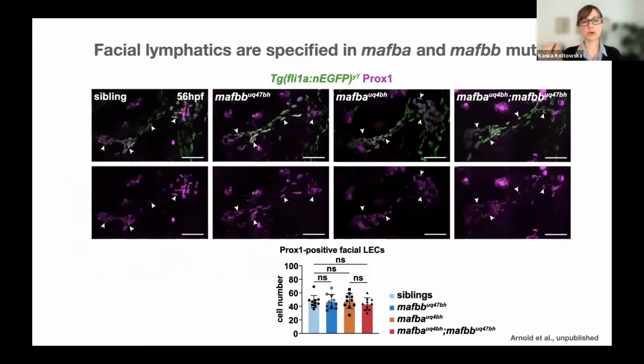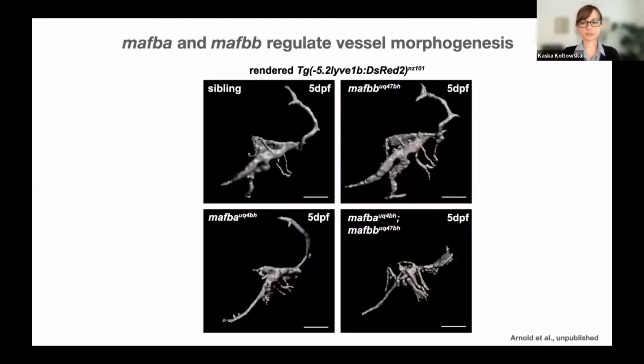And that really surprised us, because such a phenomenon hasn't been described yet, at least not in the vascular field. So we wanted to know where these phenotypes arise and what's going wrong. So first we looked at the specification of this vessel in the face, and when we compared all the mutants with our siblings, we actually did not see any differences in specification, suggesting that, similarly to the trunk, these genes play a role probably in later stages.